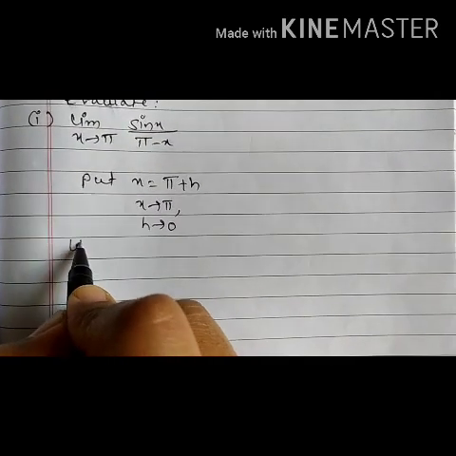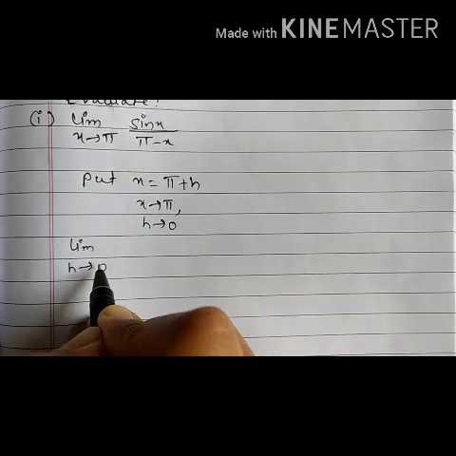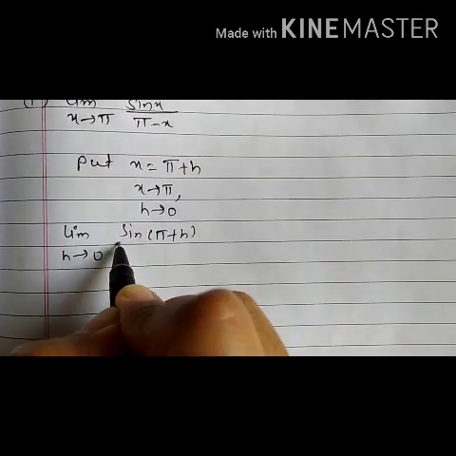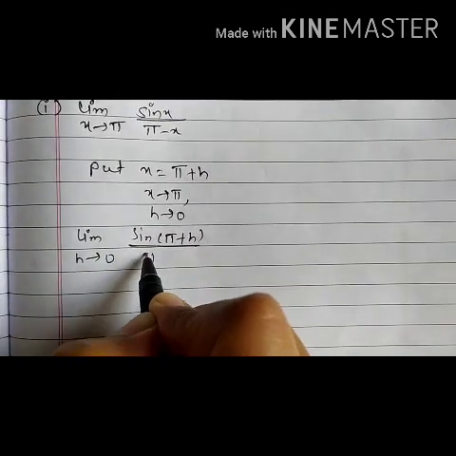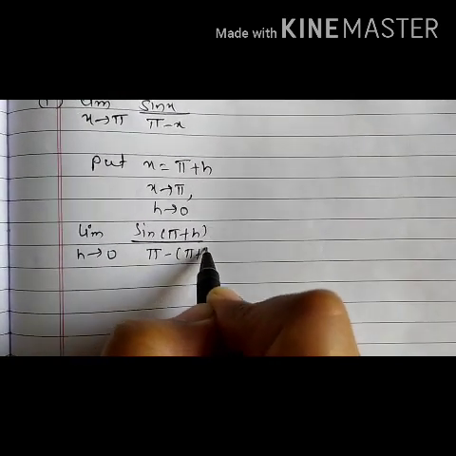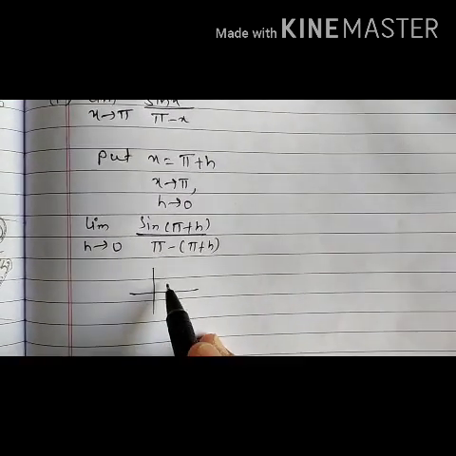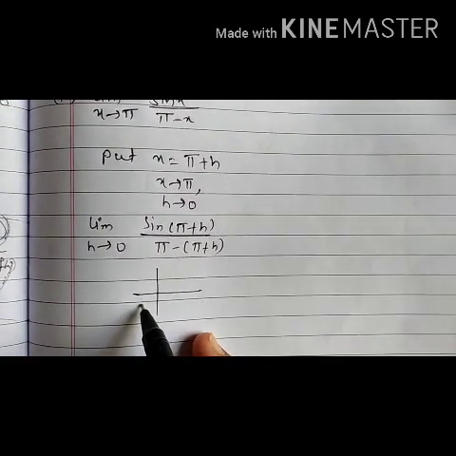So the limit will be the limit as h tends to 0 of sine of pi plus h upon pi minus pi plus h. Now pi plus h will be in the third quadrant.